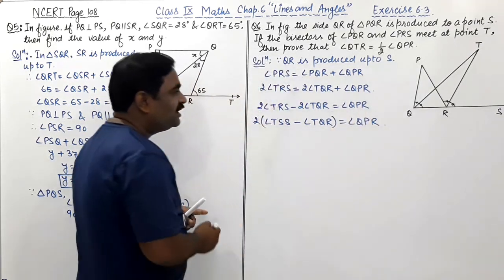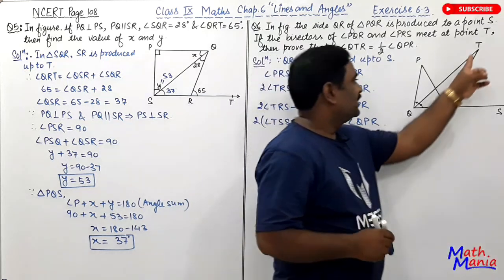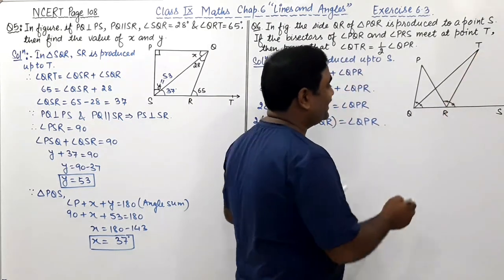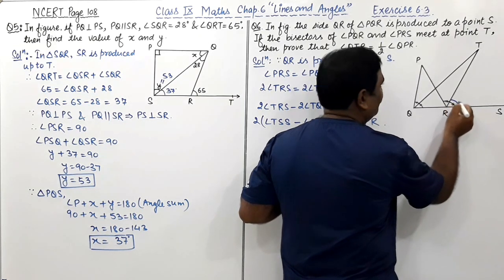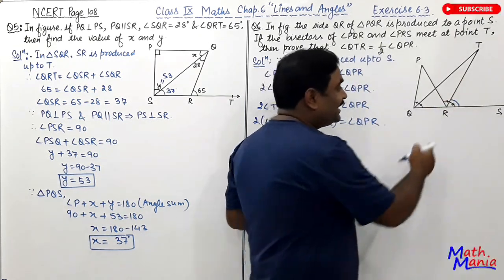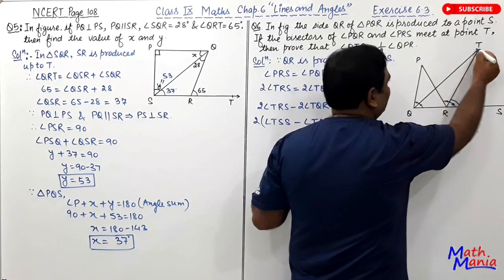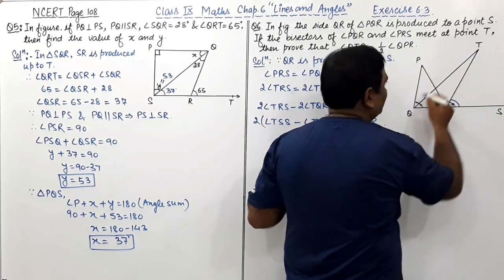Right friends, now let us think about this TRS. This is also an exterior angle of triangle TQR. So it can be written as angle TQR plus angle QTR.